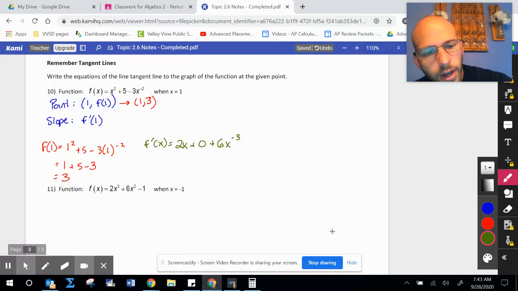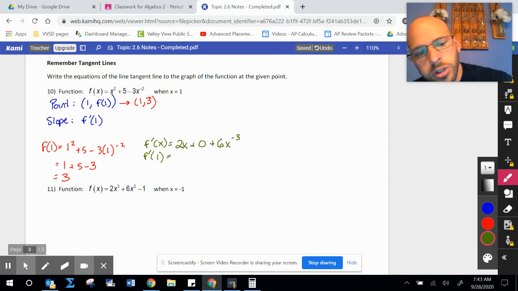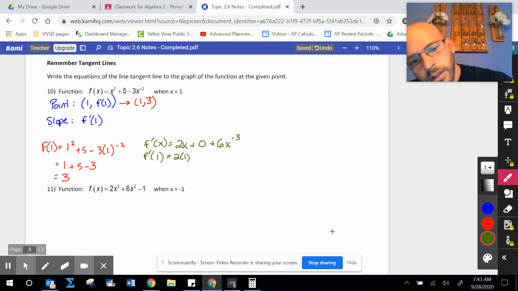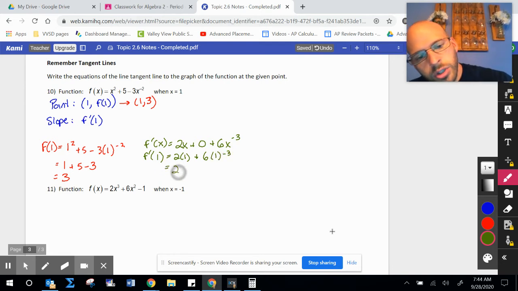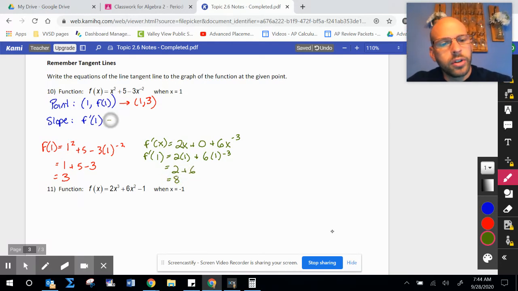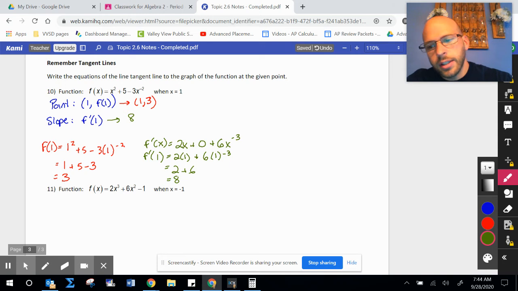So if I now want f prime of 1, so I want the slope at that point, I'm going to have 2 times 1. I don't really have to worry about the 0. 6 times 1 to the negative 3. So I'm going to get 2 plus 6, which is 8. So I know the slope is 8.